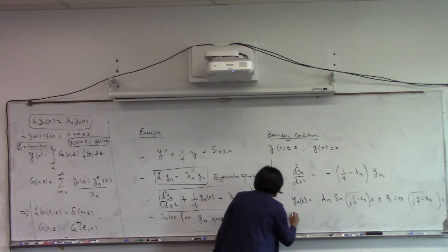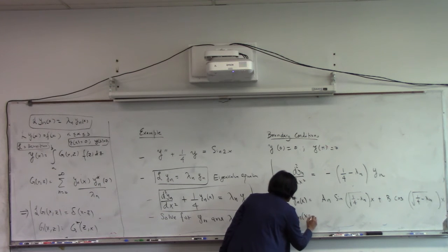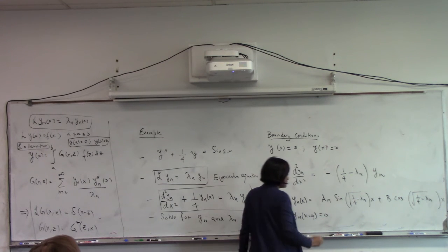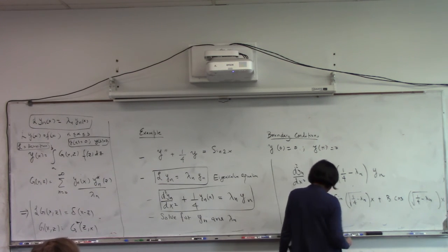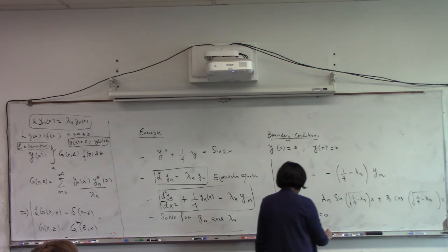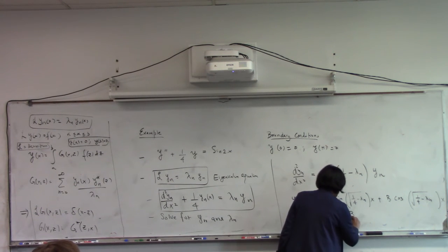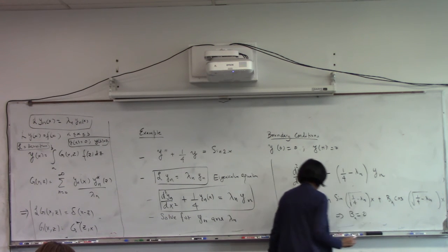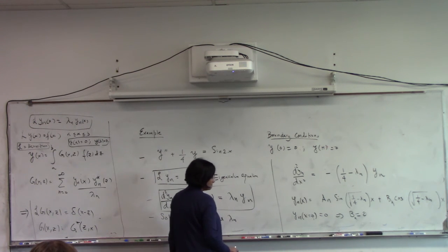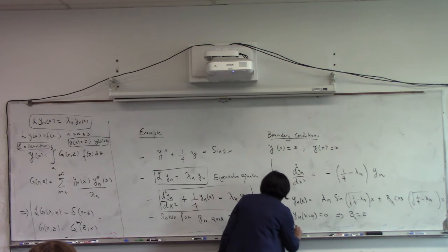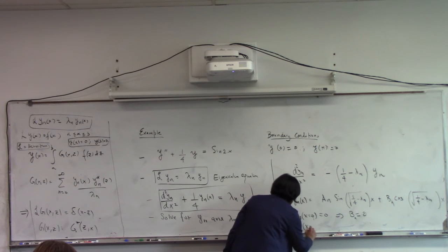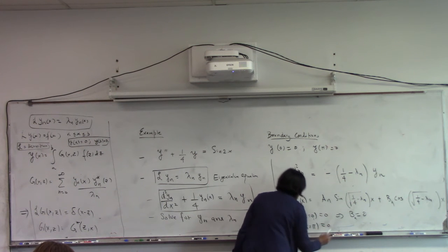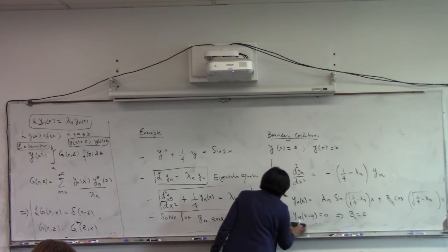Now we start applying the boundary conditions. y n at x equal to 0 is 0. So what does that mean? It implies the coefficient B n is 0. Then we have the other boundary condition, y n at x equal to pi is 0. Let me simplify this now.